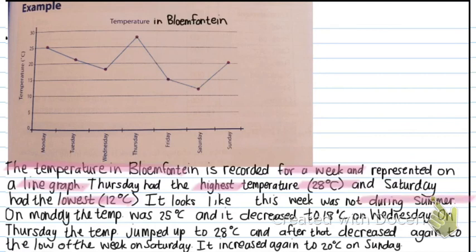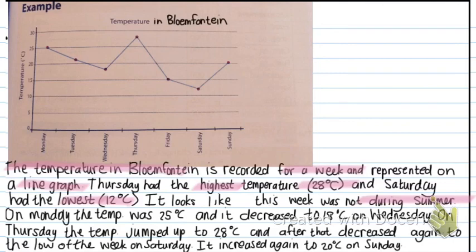Then I make some kind of deduction of my own from this graph. I think, what does this graph tell me? I make a conclusion, and I say that it's not during summer because it's not that hot.